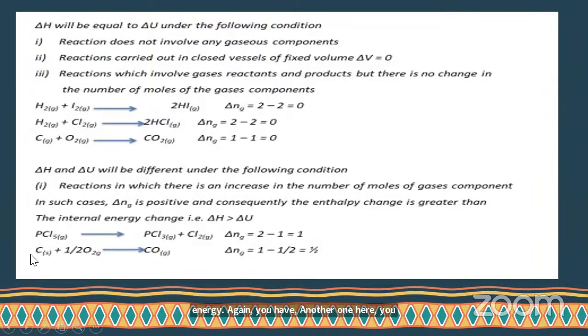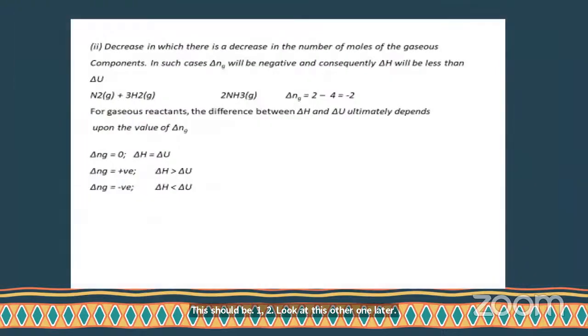You have 1 mole of the reactant producing 1 mole of the product. We'll look at this other one later. Let's go to the next slide.